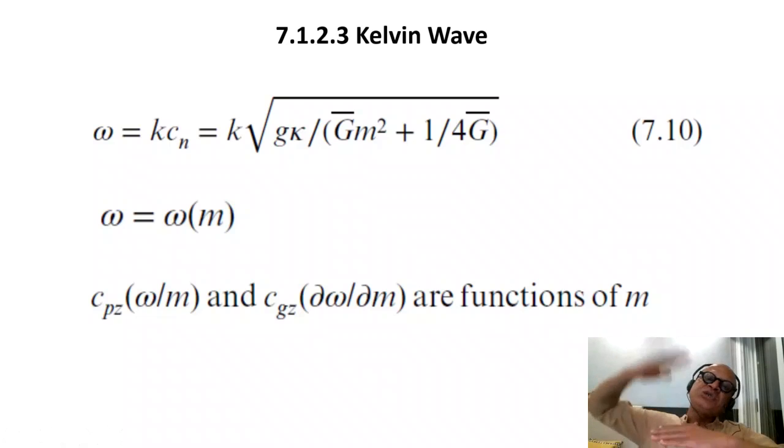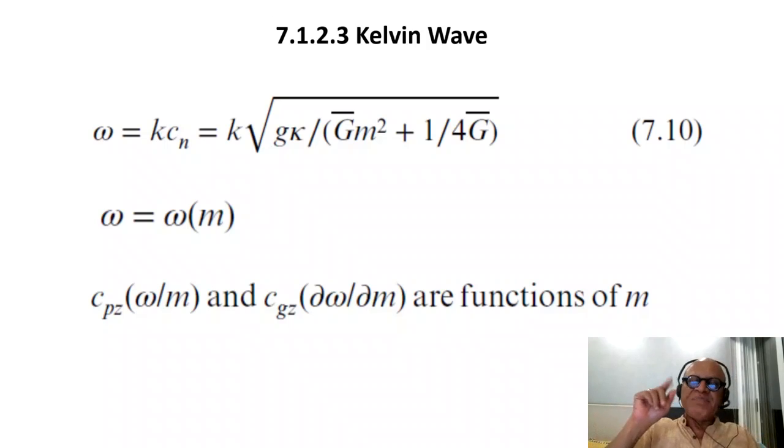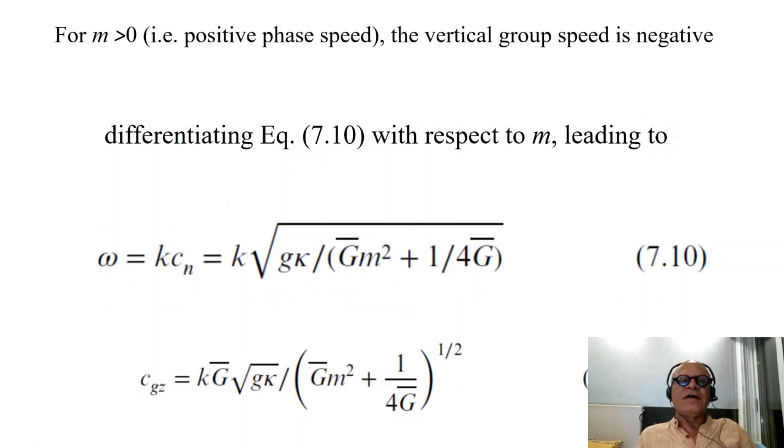The vertical propagation here is seen as work done by the pressure, so it's like p prime, the perturbation pressure, times w prime, the vertical velocity perturbation. So that can be derived in terms of variations of CPZ, the phase velocity in height coordinate, or group velocity in height coordinate, as functions of m.